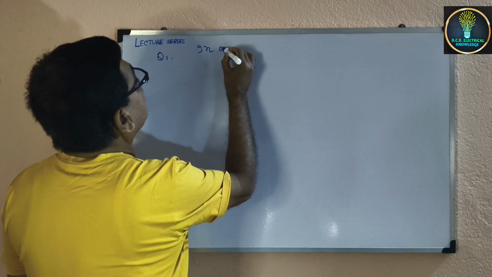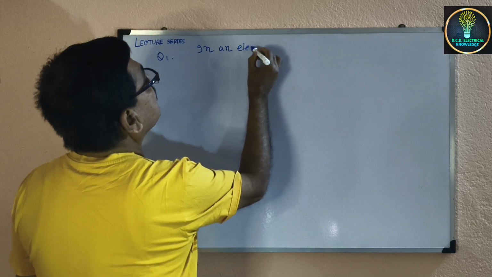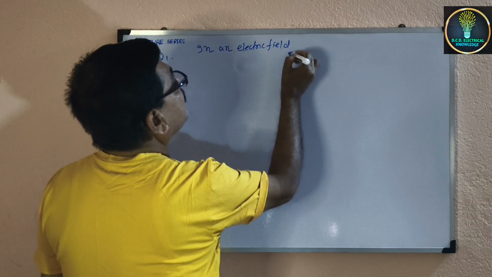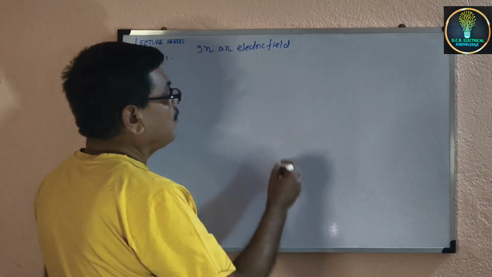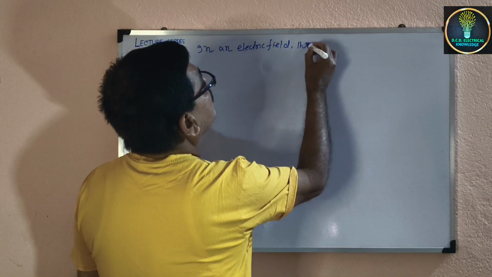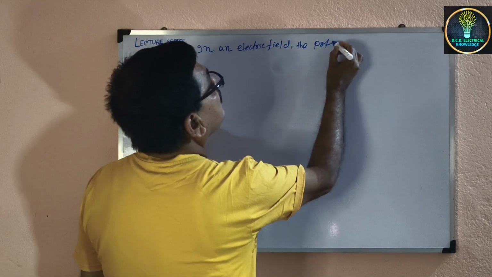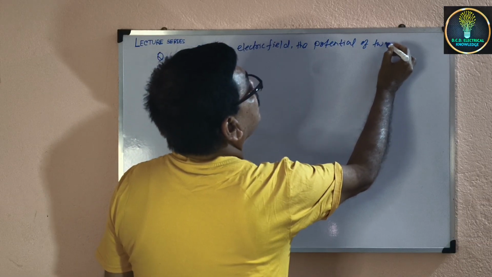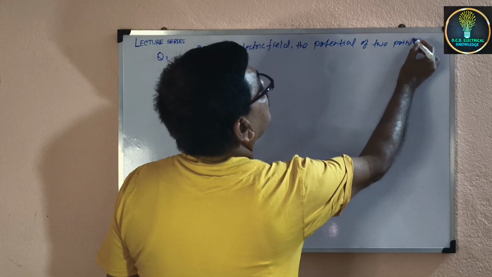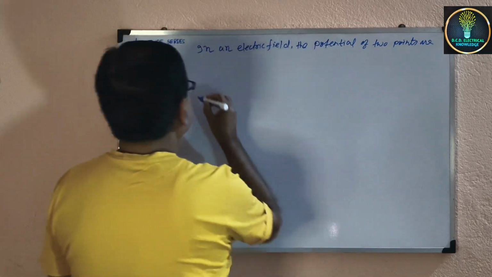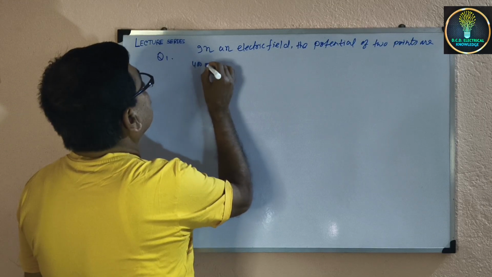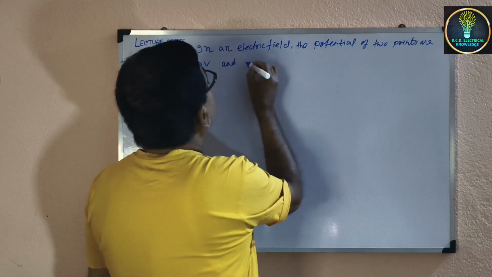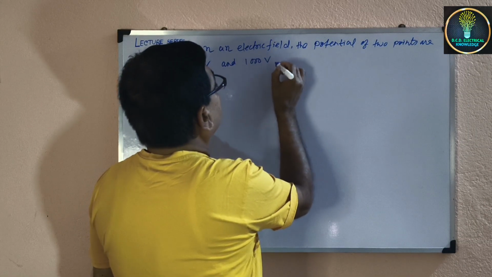In an electric field, the potentials of 2 points are 400 volt and 1000 volt.